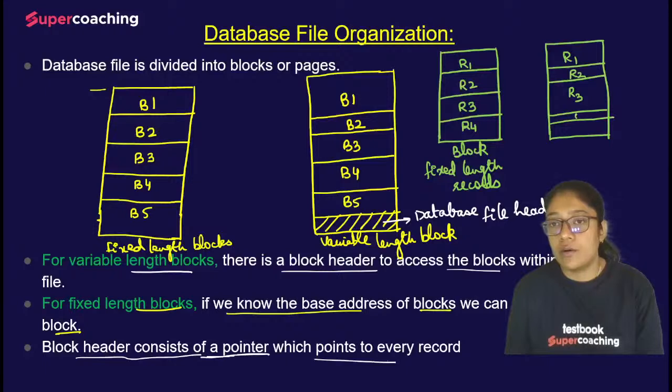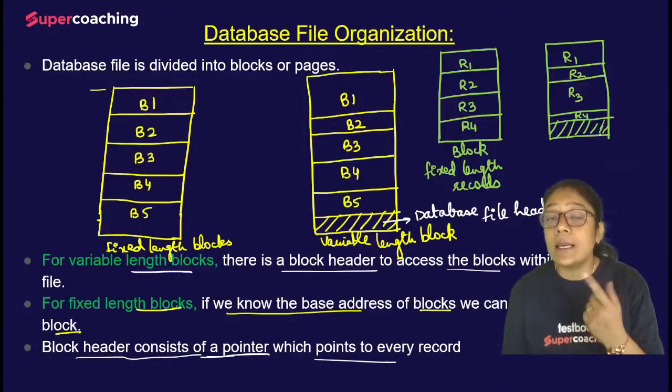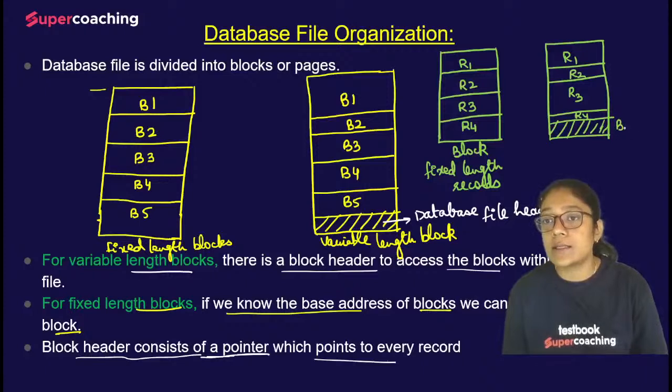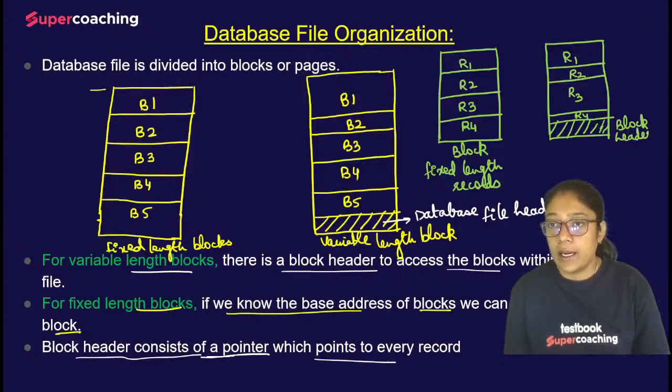record 4. And here, since it's of variable length, so we need to maintain the header. And now, since this is the header of the block, so we'll call this as a block header. Inside this block, this is one block.